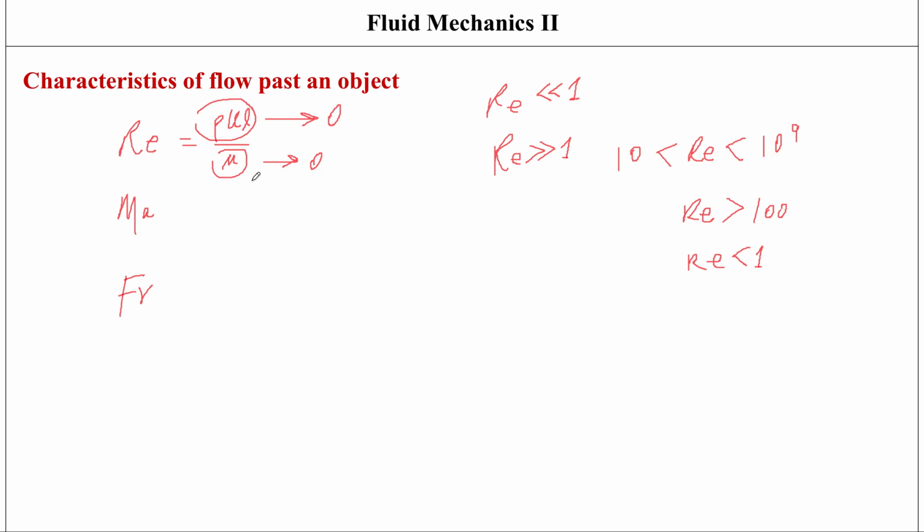Okay? But in actuality, most external flows that we look at in real-life applications are dominated by inertial effects, and that means flows have a Reynolds number greater than 100. But at the same time, you've got real-life external flows in which the Reynolds number is considerably less than 1, and that means a lot lower than 1.